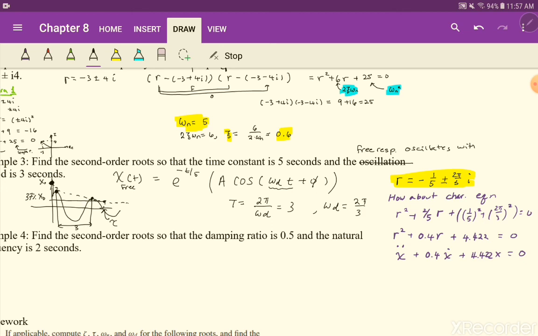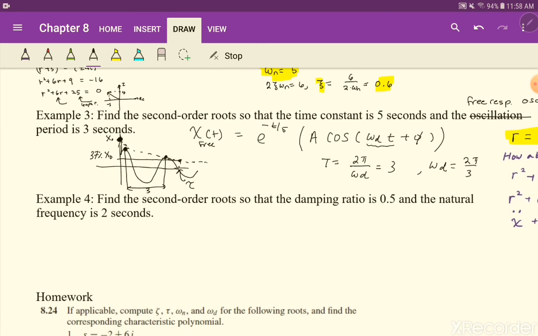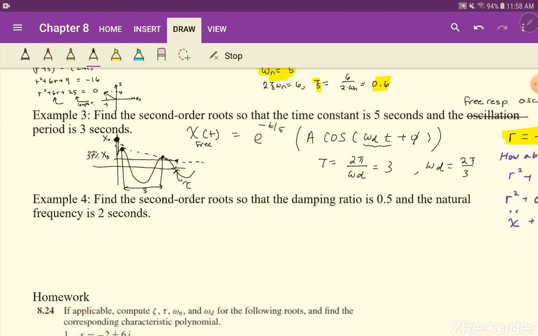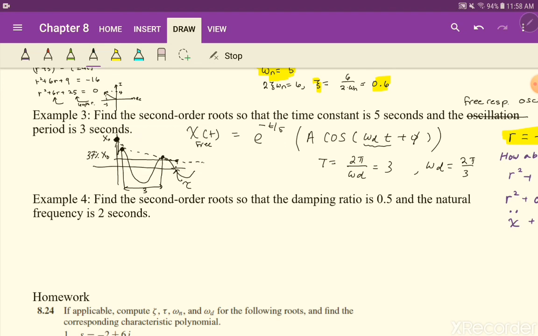Okay. So let's see, example 4, the last example. Find the second order root so that the damping ratio is 0.5 and the natural frequency is 2 seconds. I think this is the easiest one, isn't it? It says damping ratio is 0.5. Natural frequency is 2.